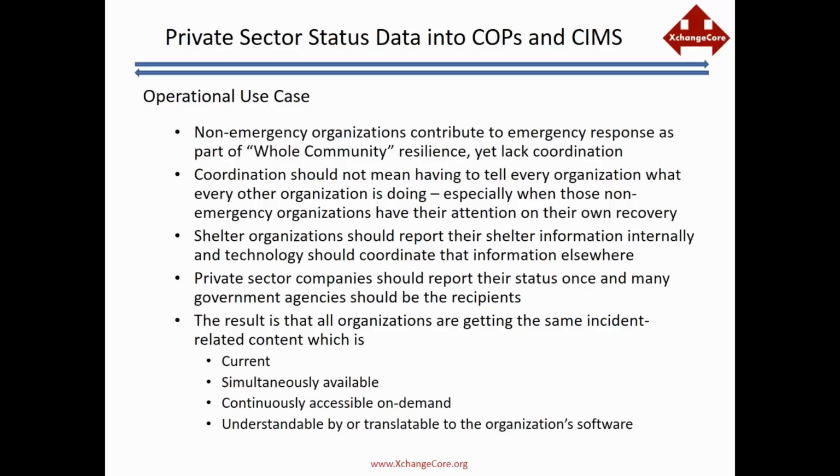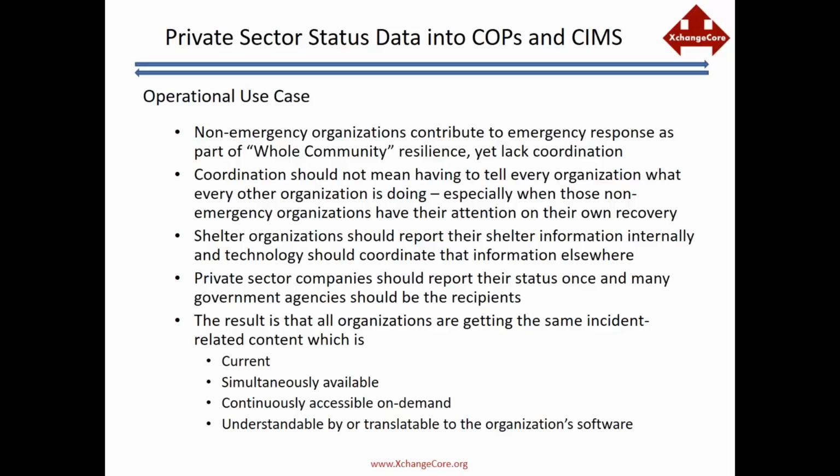For example, shelter organizations, principally the American Red Cross, but in coordination with the school that is using or the Elks Lodge that the Red Cross is using, as well as independent shelters that represent a substantial number of shelters across the country that are supported, inventoried, and maintained by the states themselves.